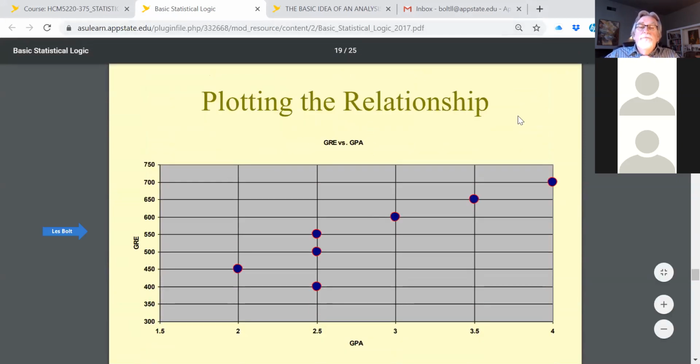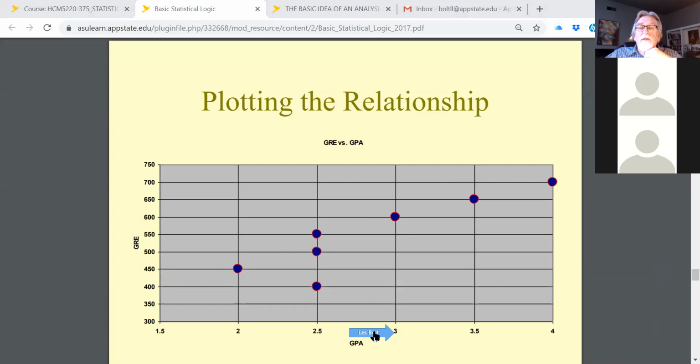The most elemental way is to look at them in terms of a graphic. For example, here's that individual that had a 600 and a grade point of 3.0, represented by this dot. Here's that individual that had a 700 and a grade point of 4, represented by this dot.